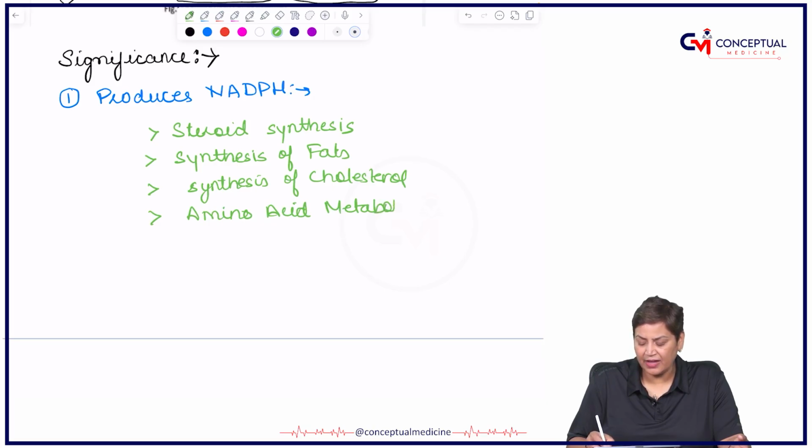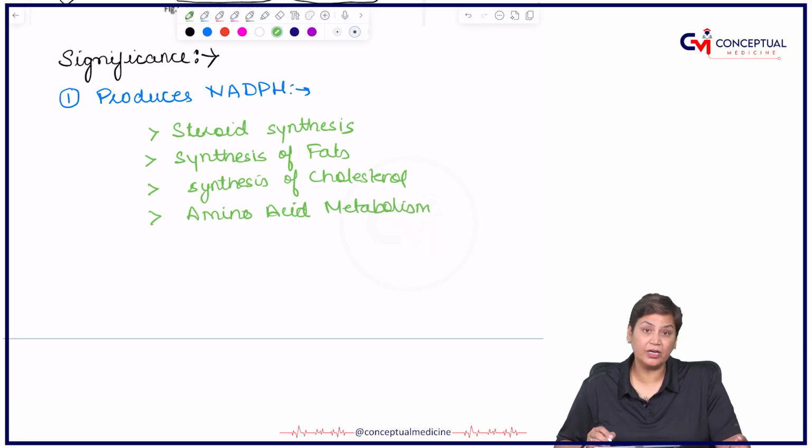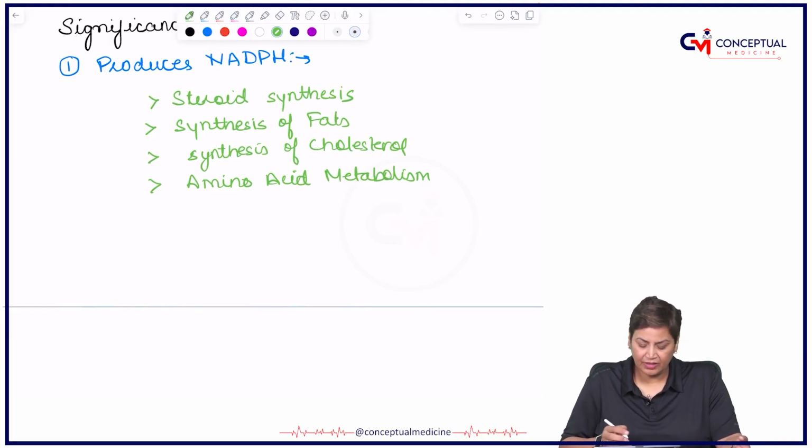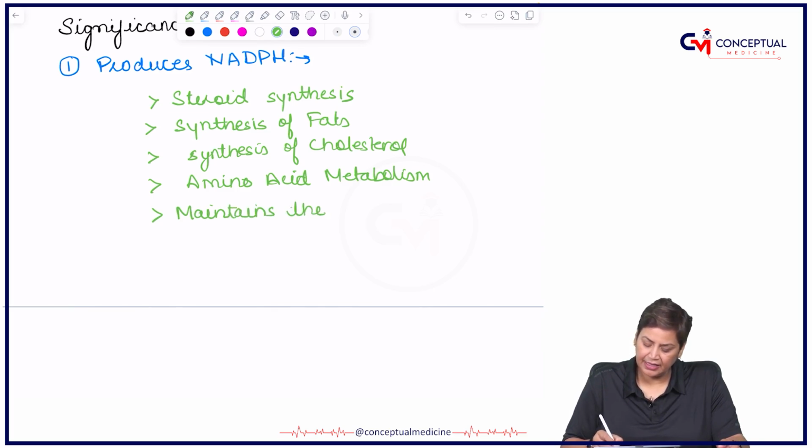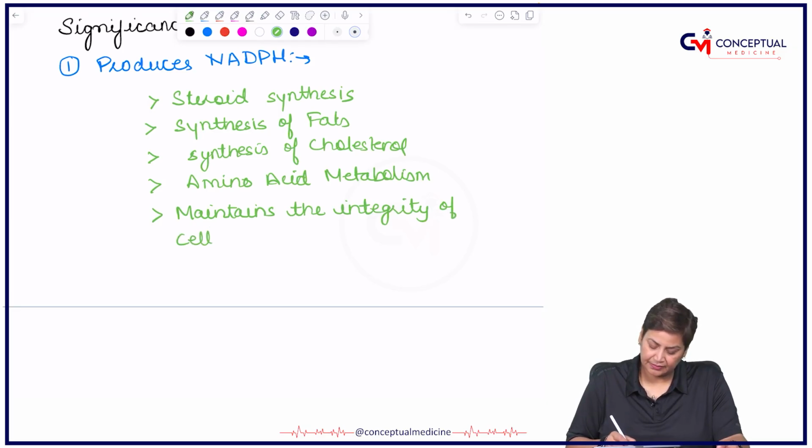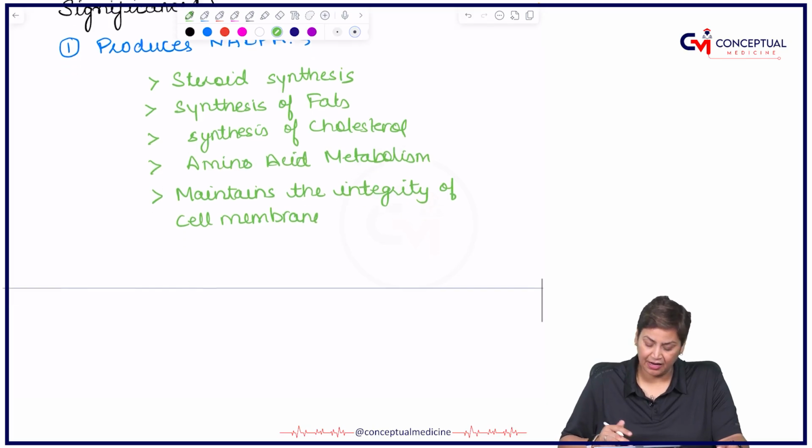That is why I told you that it plays a very important role in adipose tissue. And along with this, the most important role played by this NADPH is it maintains the integrity of the cell membrane of RBCs. Very important, which we will be discussing again in detail after this.